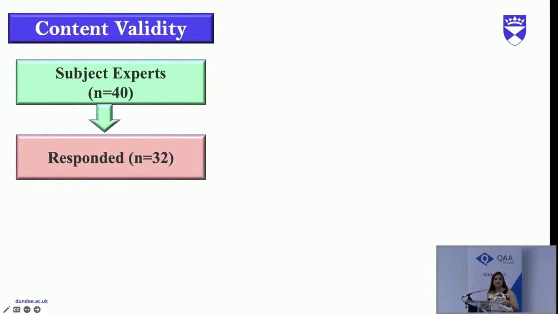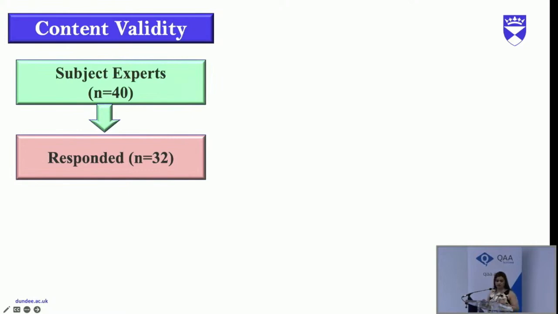For this stage, I selected 40 subject experts, and 32 responded. The criteria are not well defined in the literature for content validation, but you should look at who is feasible to give you the best expertise for your study, so I included the same kind of experts.